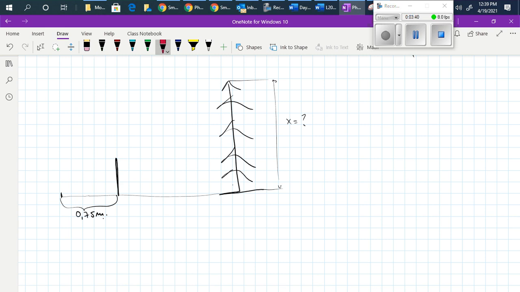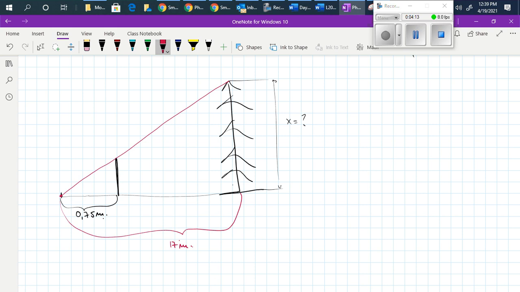And on the other side, we measure the distance from where we are to the bottom of the tree. Let's say that this is 17 meters. And this being a meter stick, we'll see how we can figure out the height of the tree.